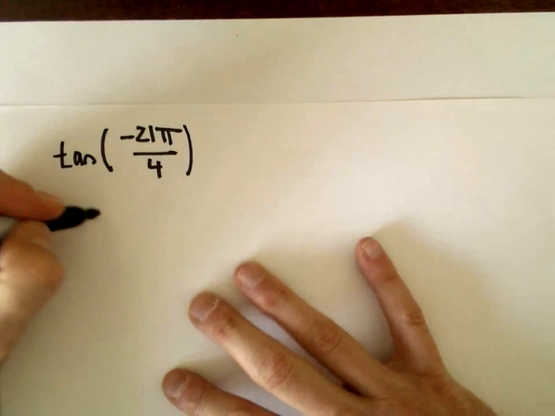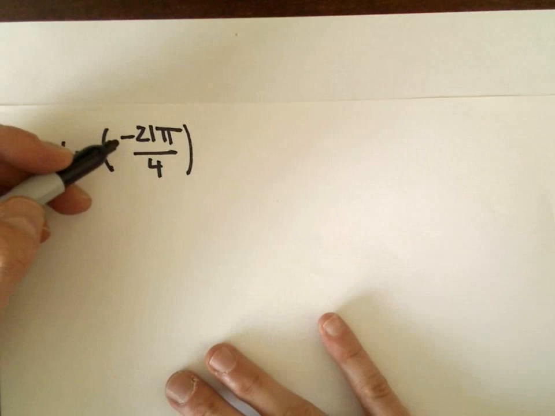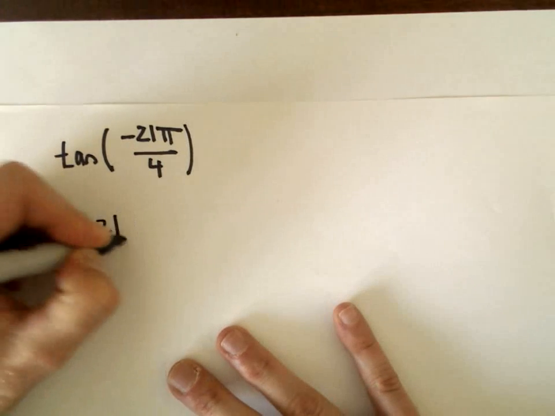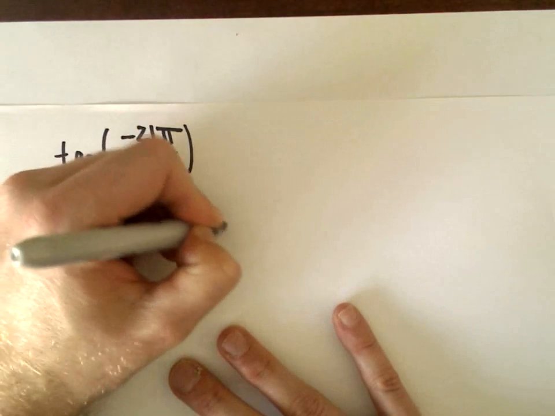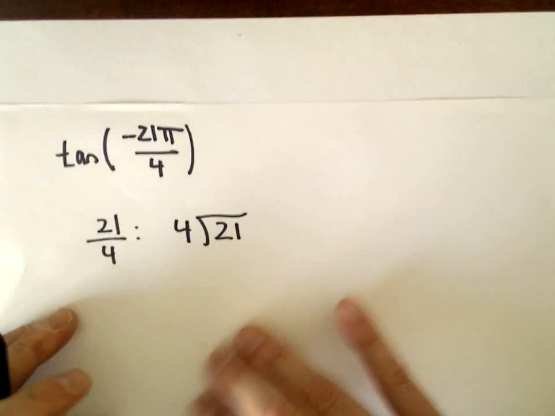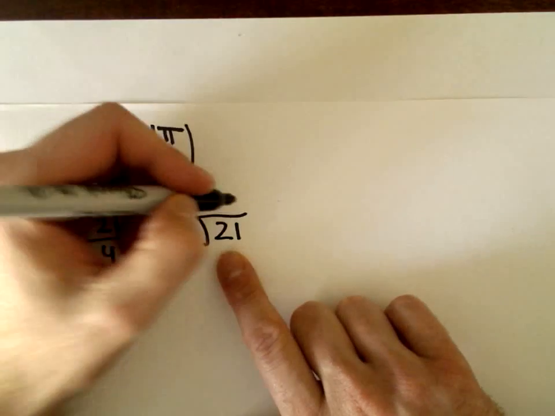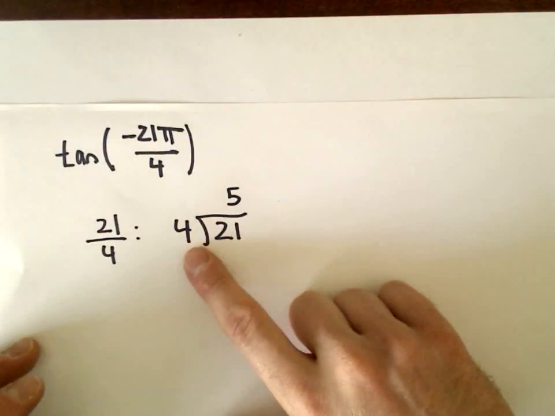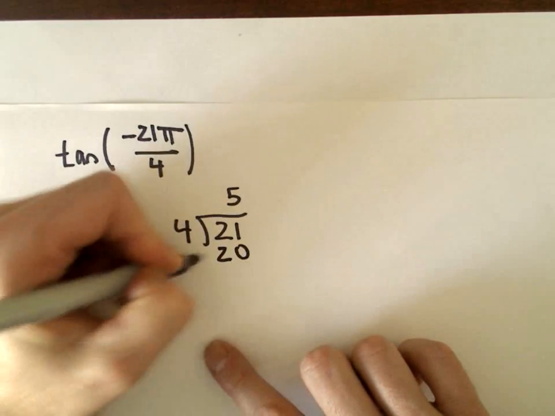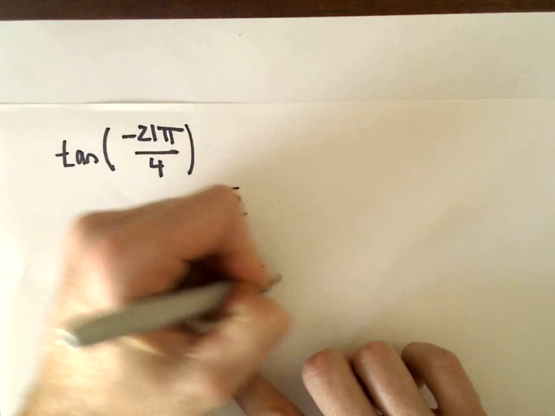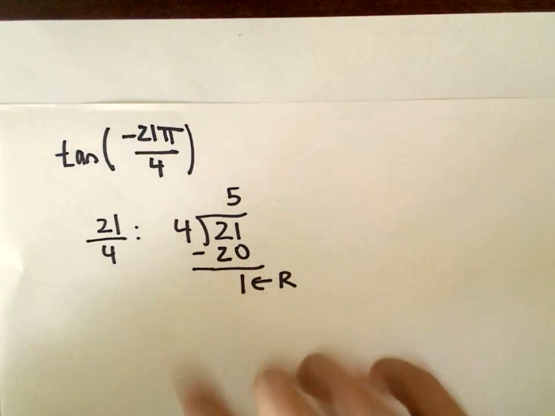So I'm going to do the same thing. Okay, so there's a negative. We'll throw that back in there in a second. I'm going to just think about 21 divided by 4. Well, 4 goes into 21 5 times. 5 multiplied by 4 is 20. I subtract, I get 1. That's my remainder.